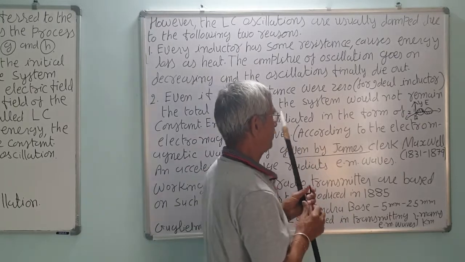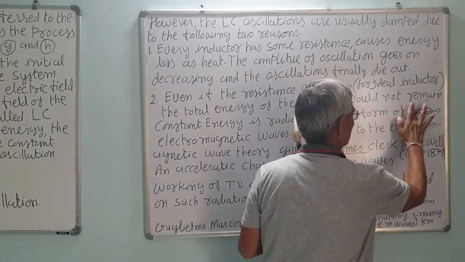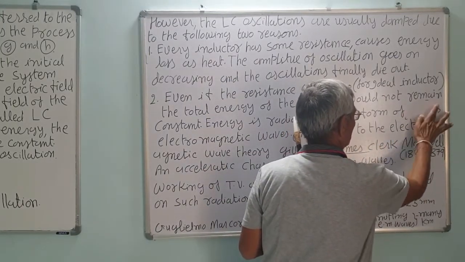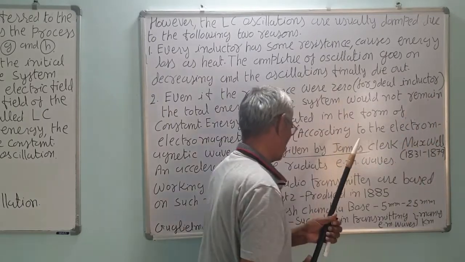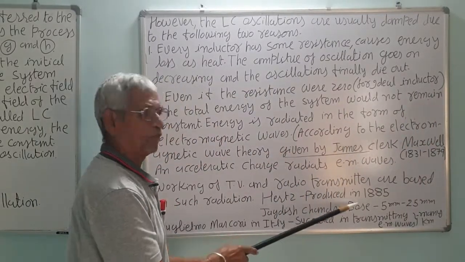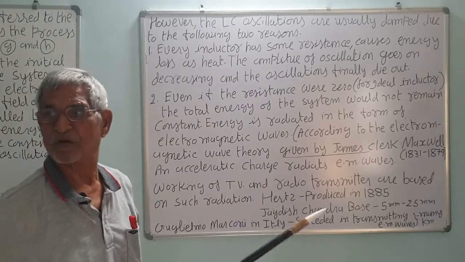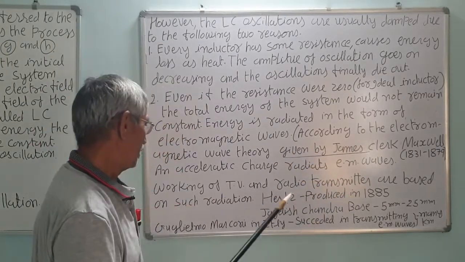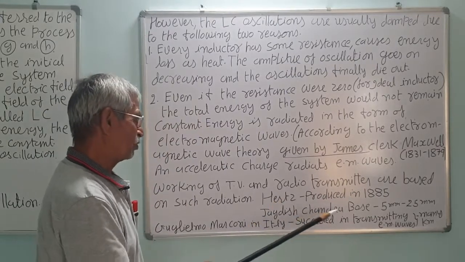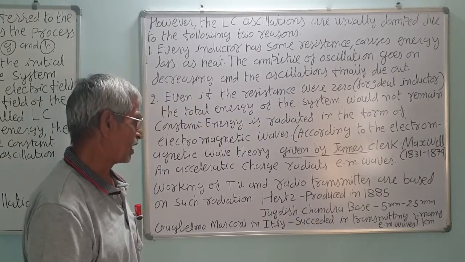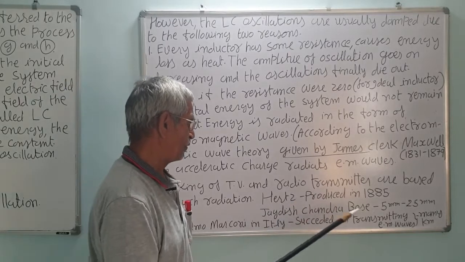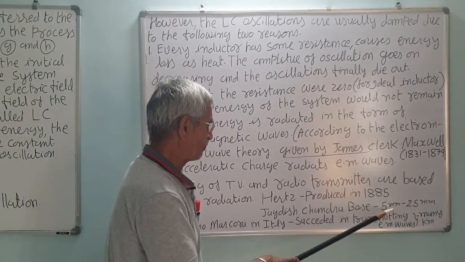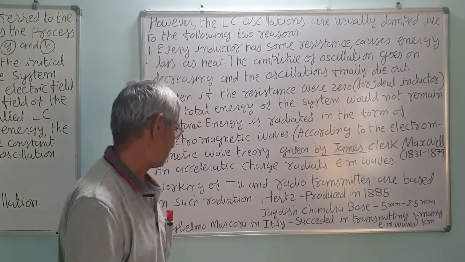These are the waves, electromagnetic waves, which we will study in the next chapter. They were first produced by the scientist Hertz. In 1885, the Indian National Congress was formed, correct. Later on, Jagdish Chandra Bose in Calcutta, an Indian scientist, produced electromagnetic waves of short wavelength, 5 millimeter to 25 millimeter.